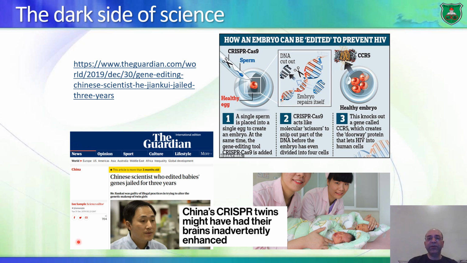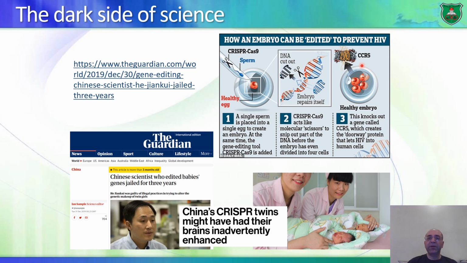This Chinese scientist modified the DNA of twin sisters. He disrupted a certain gene, and this gene is called CCR5. This gene is important for the entry of the HIV virus into our cells.